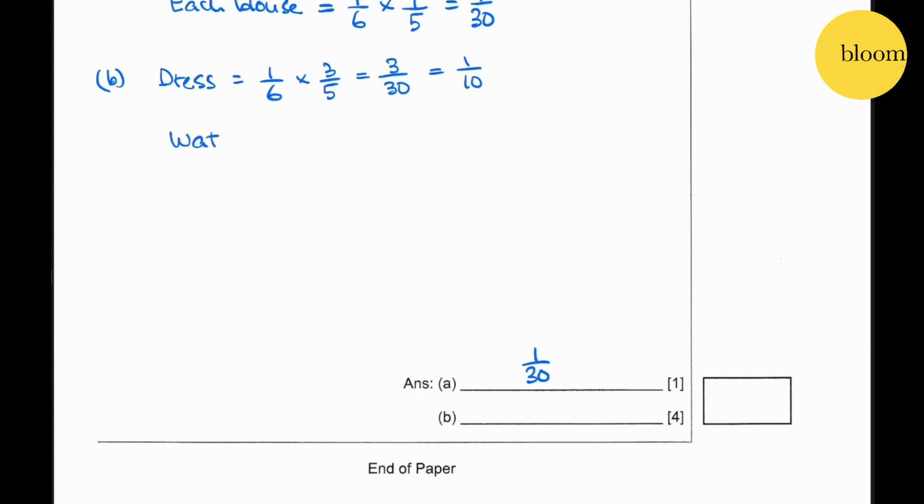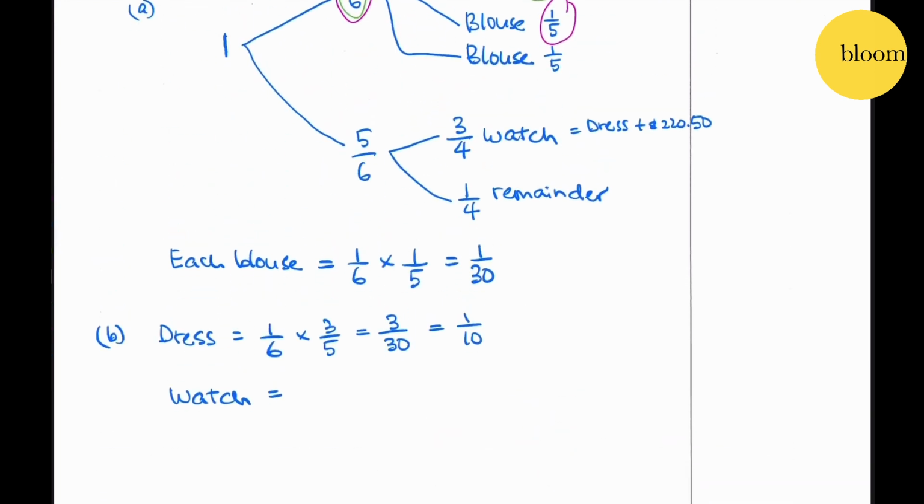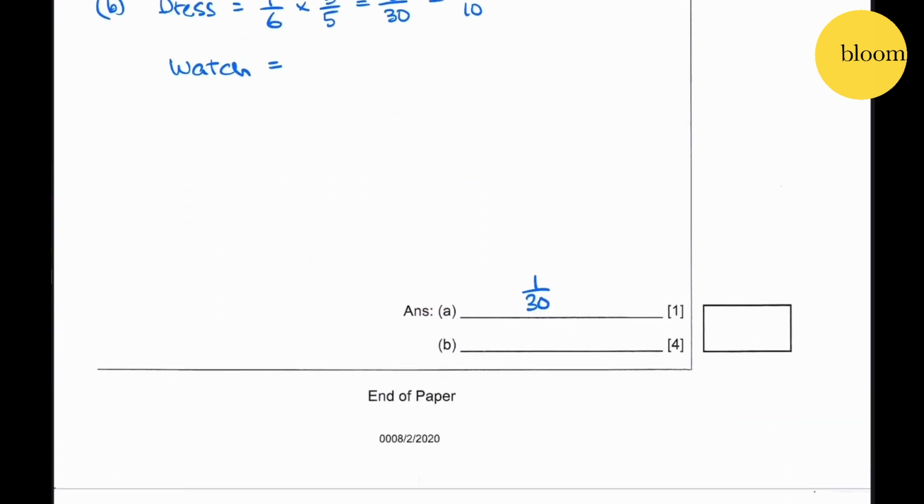Watch equals 5/6 times 3/4 equals 15/24.